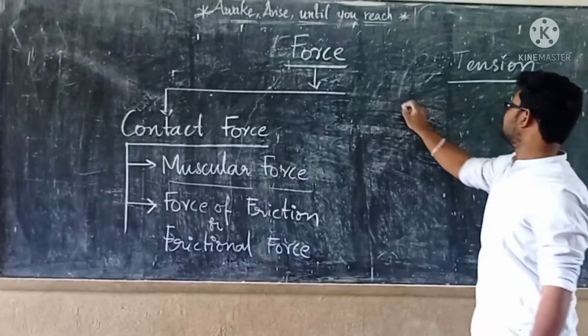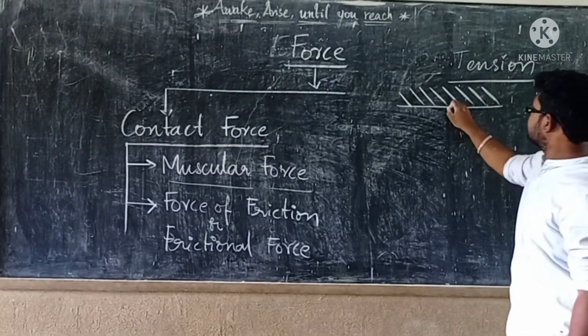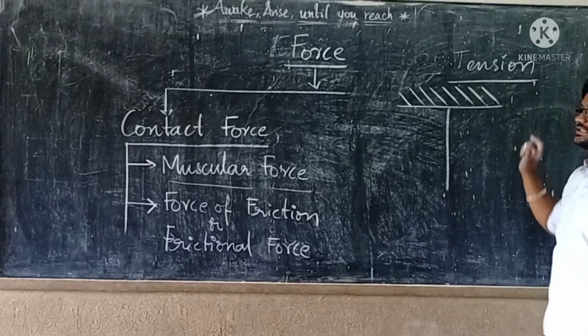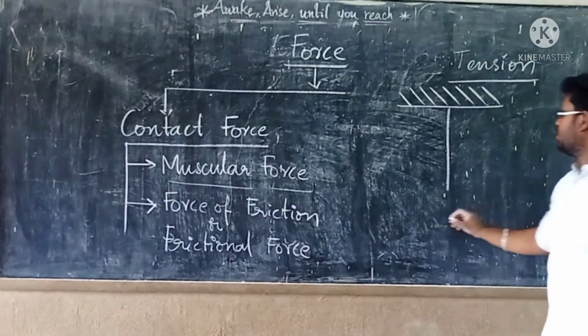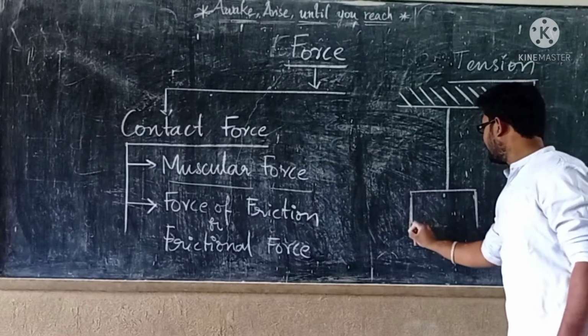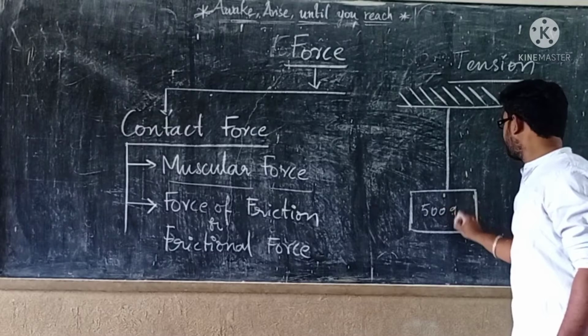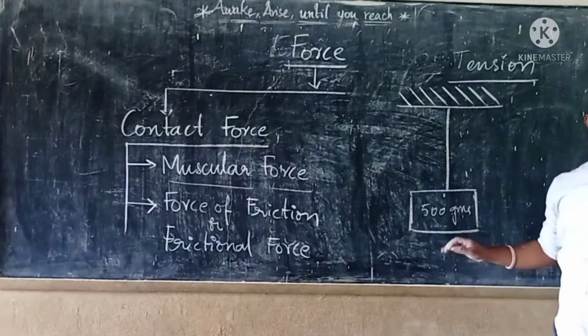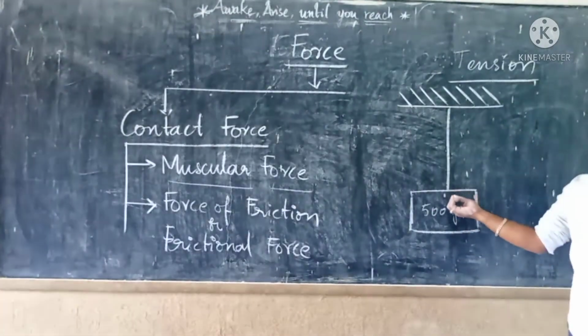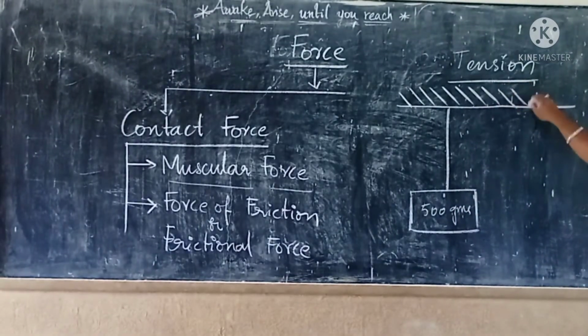Let's see. For example, I have just fixed a string to the ceiling. You just imagine this one as a ceiling. Okay. And I have kept one string, and for this string I have added some 500 grams of weight. 500 grams of weight I have just fixed to that string, and at the same ceiling, same side, I have kept one more string without any weight.